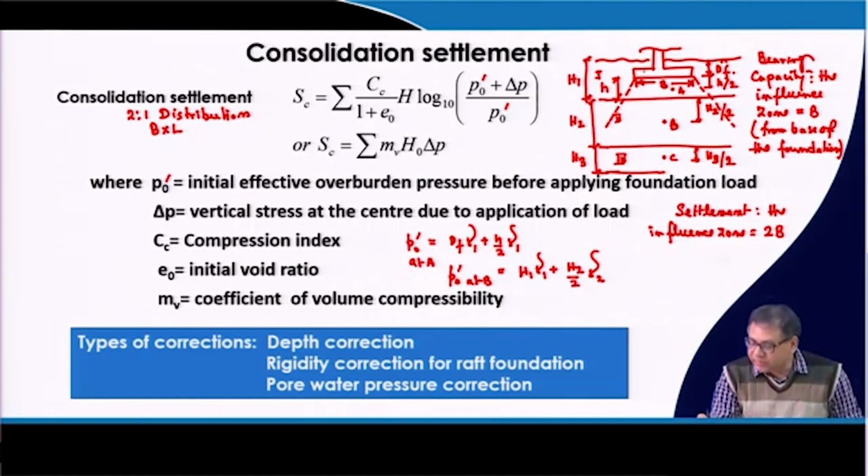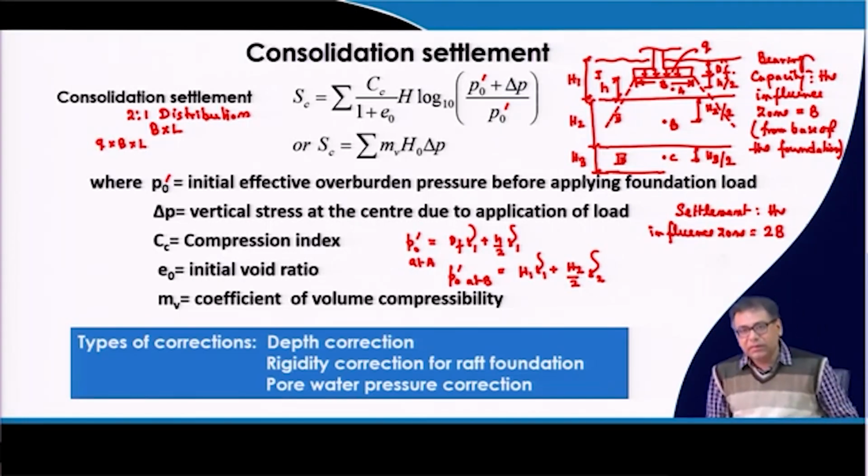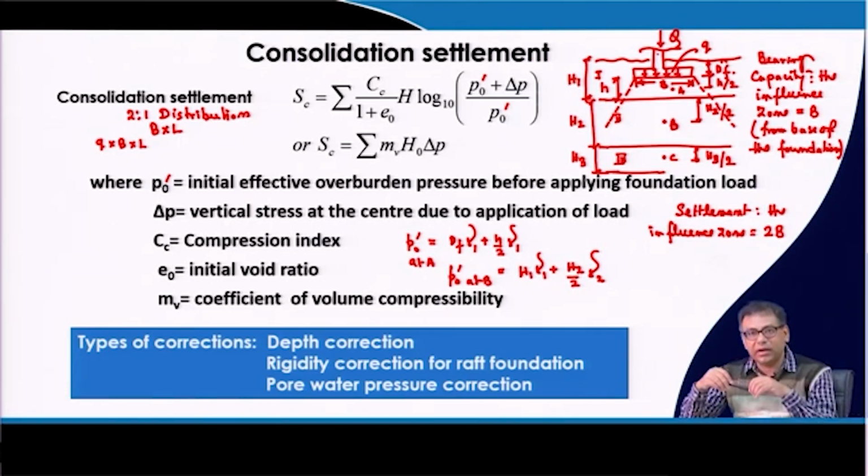That means the stress acting at the base of the footing is equal to q. So, the total load acting on the footing will be equal to small q into B into L. So, this is the total net load acting on the foundation base.